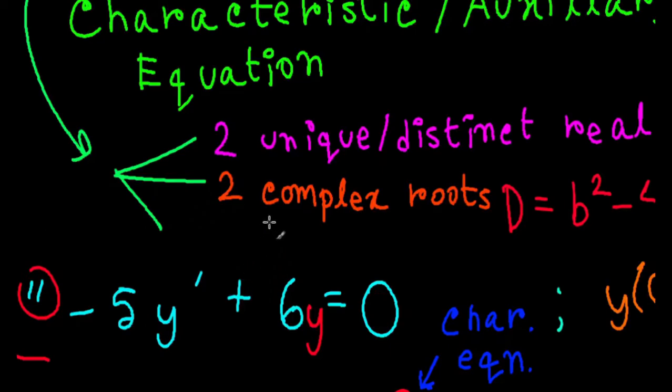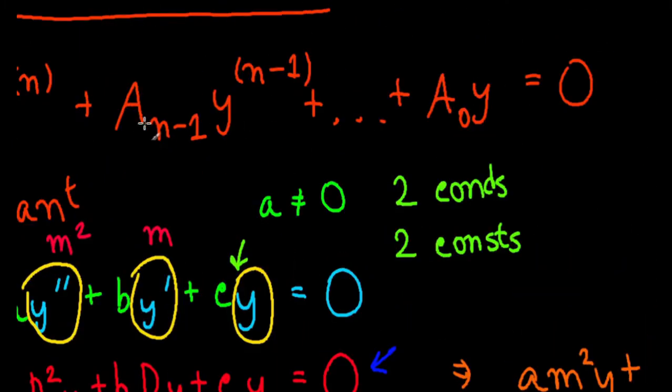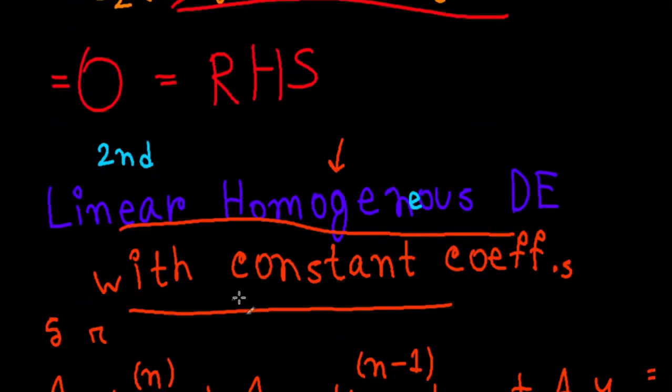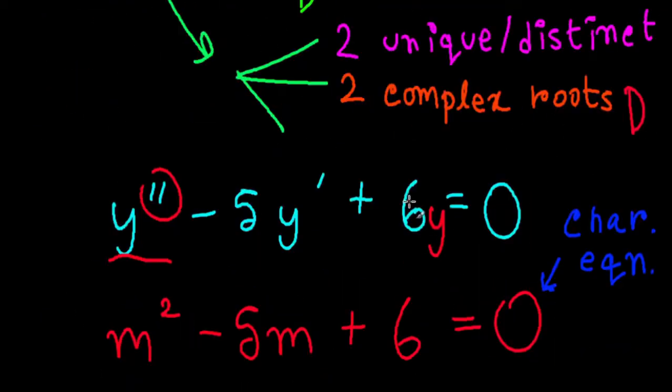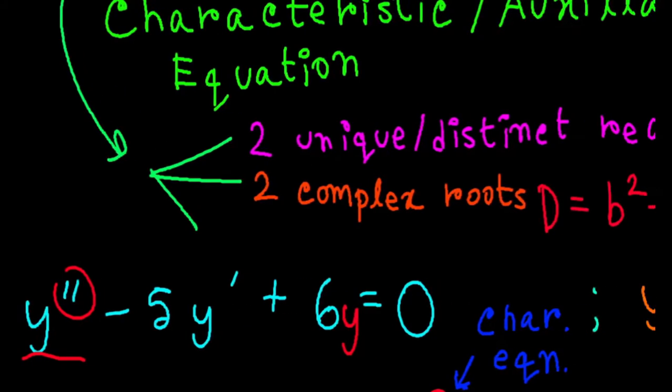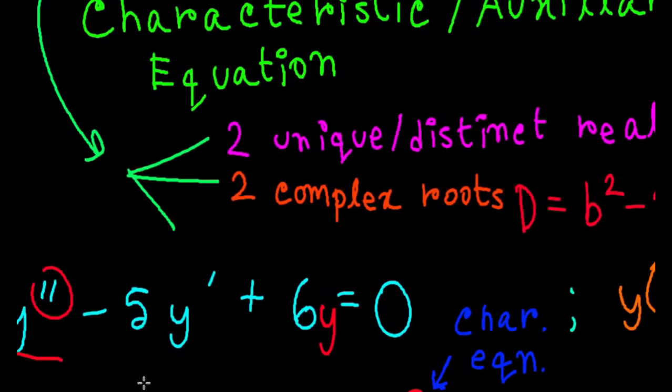Alright, everyone. In the last two videos, we saw the cases where the characteristic equation of our second order linear homogeneous differential equation with constant coefficients had two distinct real roots or two complex roots.